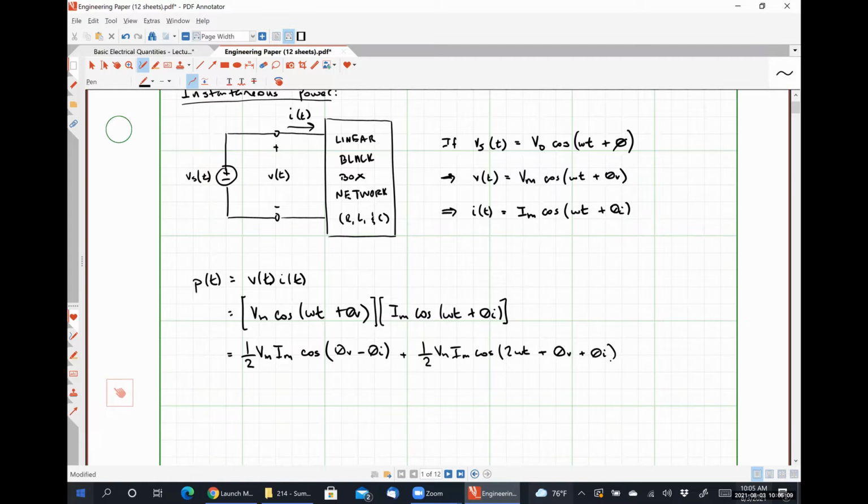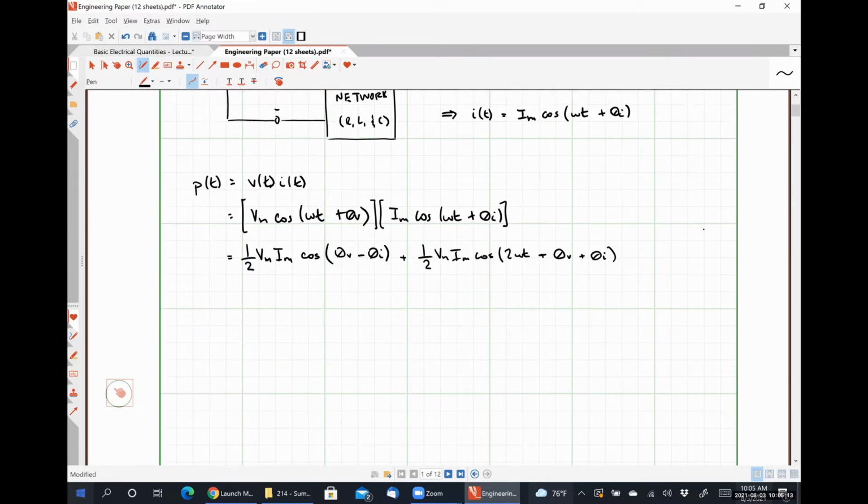If I were to plot this function, it may look something like this.